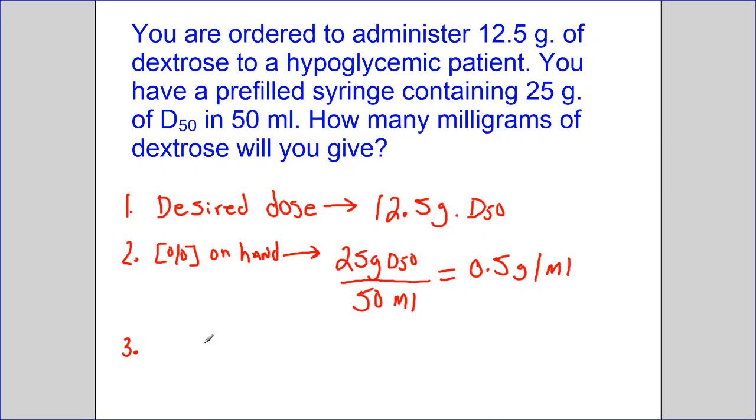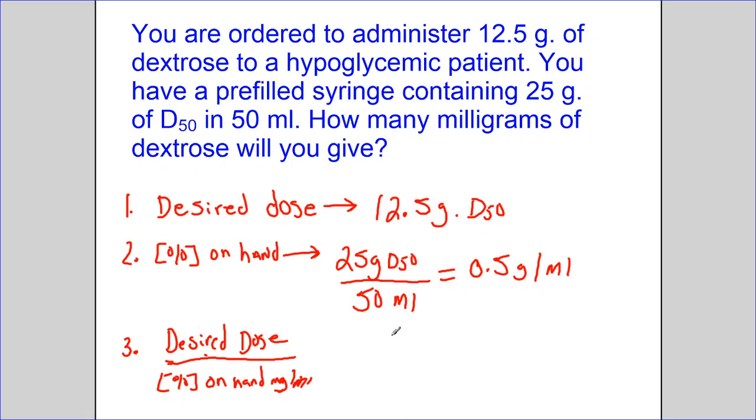In order to figure that out, we take the desired dose and divide that by the concentration on hand, grams per mL. Sorry, this pen is not great.